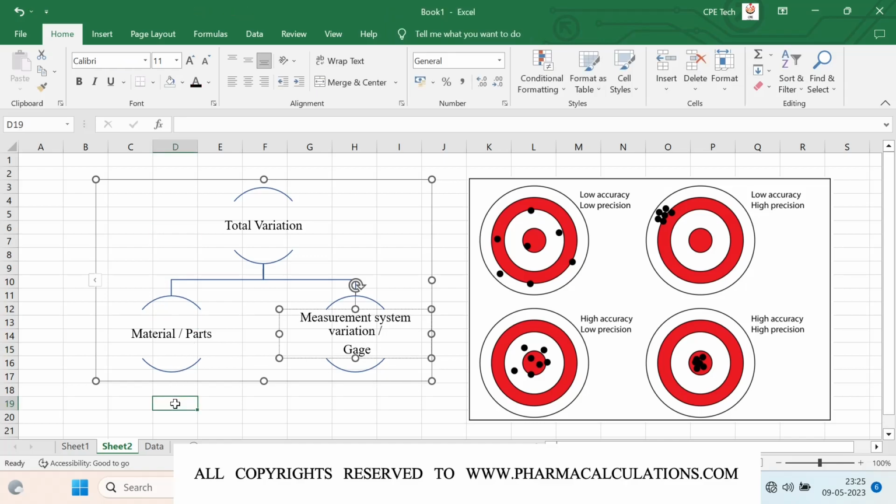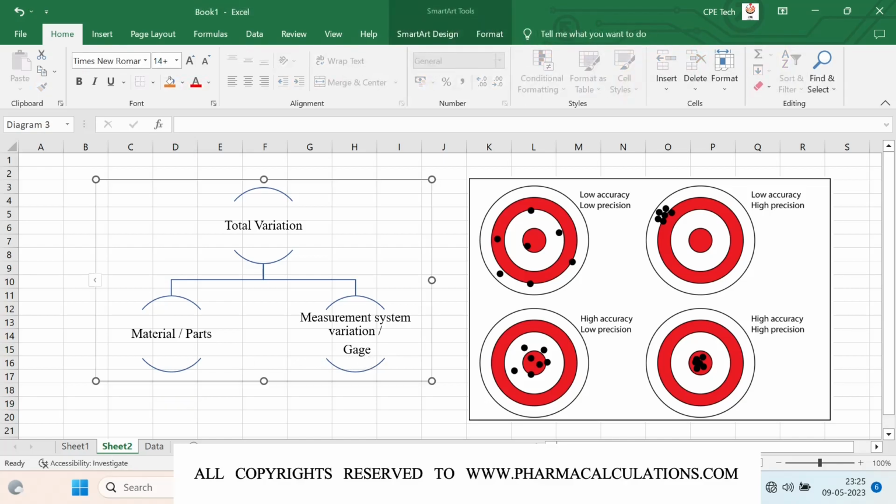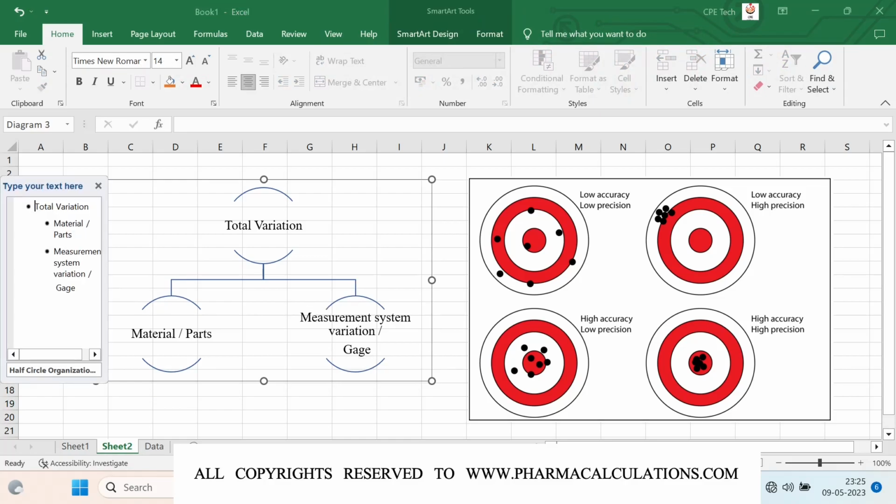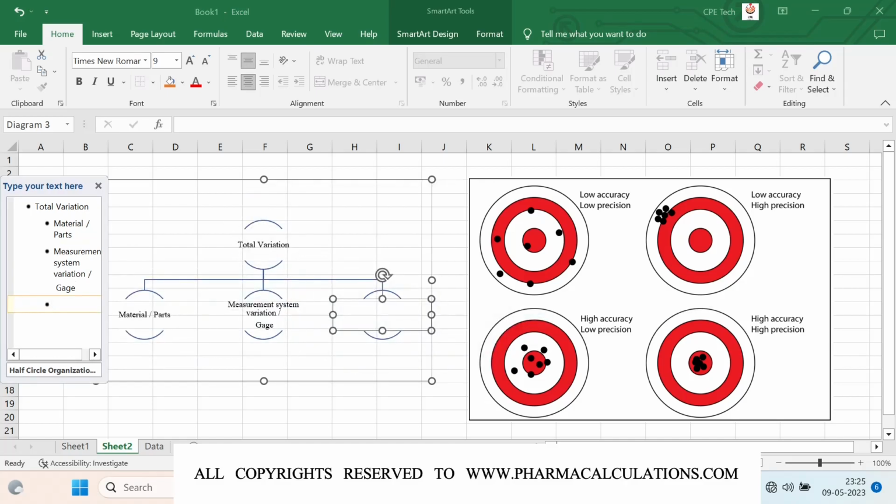Now coming back to materials or parts, if there is any variation in this material or part, then we need to investigate in the manufacturing process. Whenever there are certain variations in the measurement system, then we have to again reclassify, or go in depth.